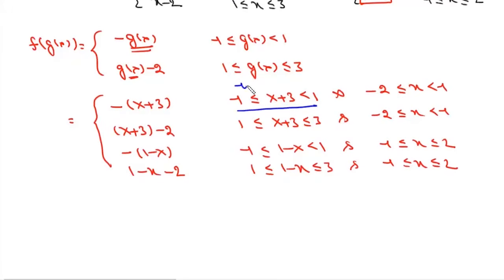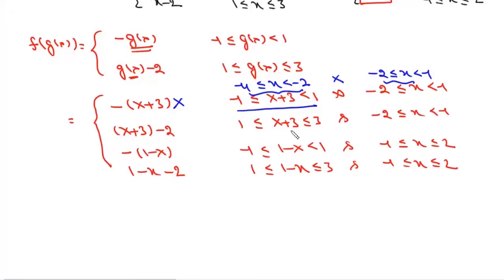Now this is -4 is less than or equal to x, and this is less than -2, and here x lies between -2 and -1. Now there is nothing common between these two conditions, so there is no intersection of values of x possible. So this definition is not possible.